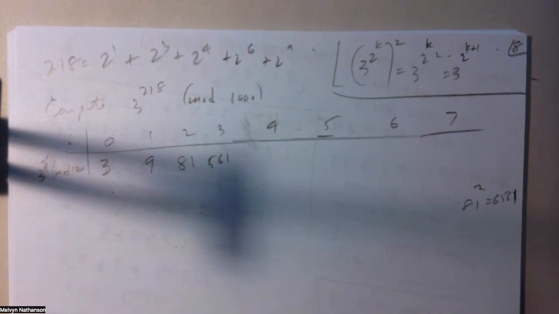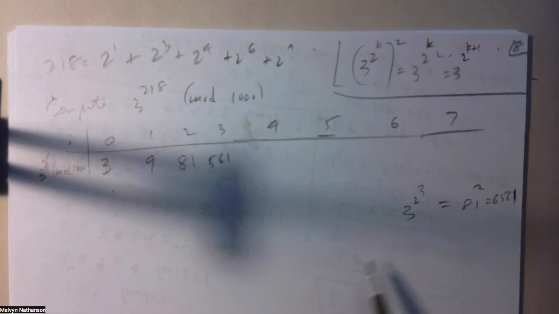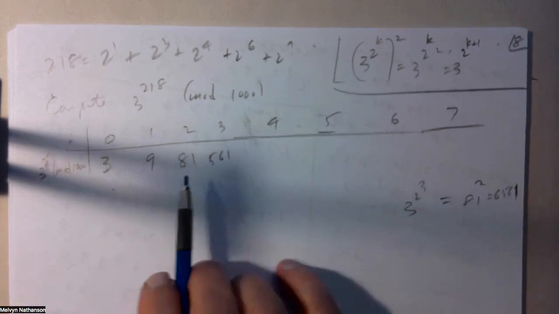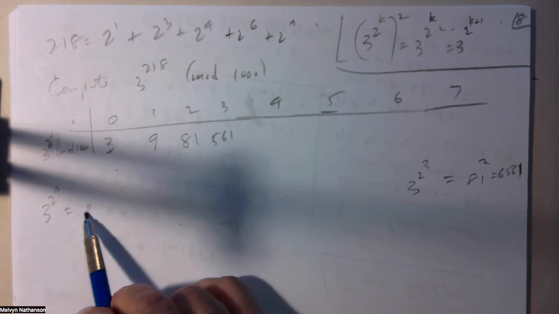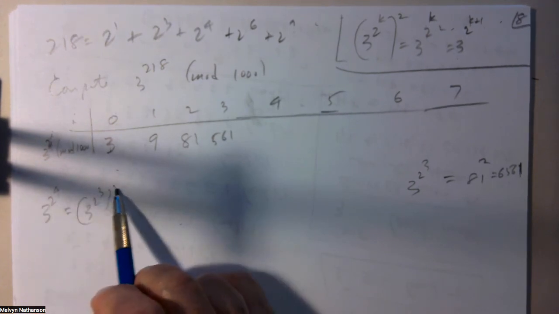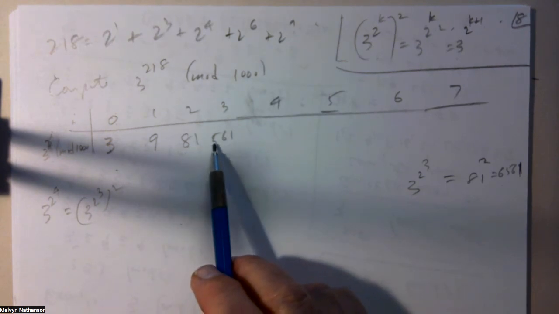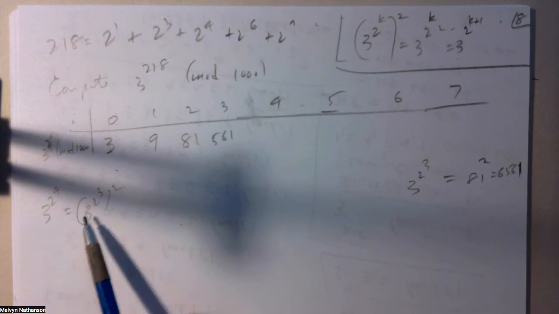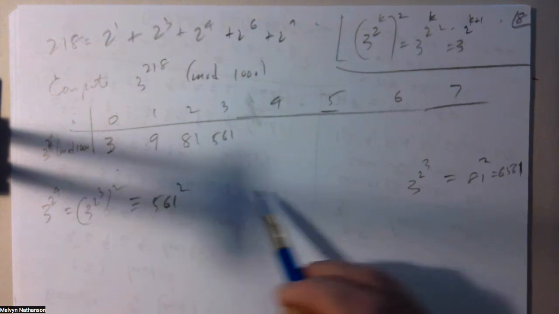So this is 3 to the 2 cubed. 3 to the 2 to the 4th is 3 to the 2 cubed squared. Modulo 1,000, 3 to the 2 cubed is 561 squared.